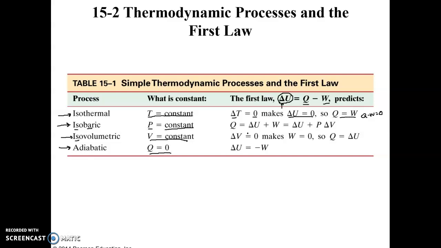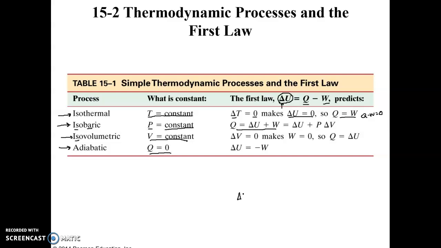In an isobaric system, if the pressure doesn't change, what does that mean? Well, the heat flow in equals the change in energy plus work. So this is basically just the first law of thermodynamics rewritten.